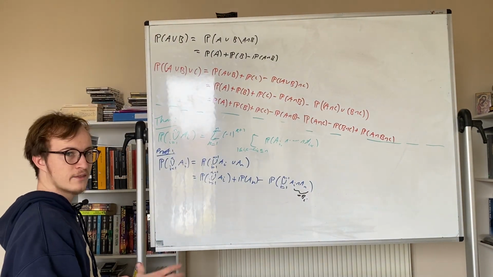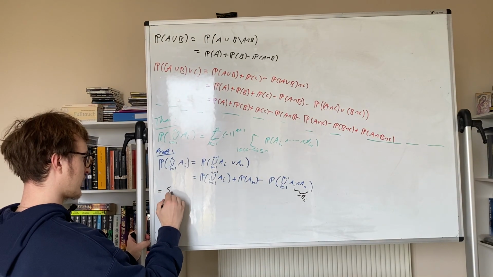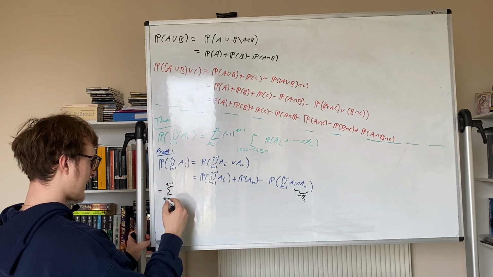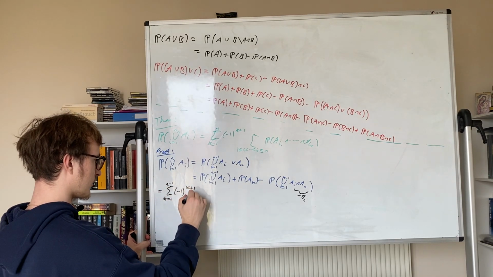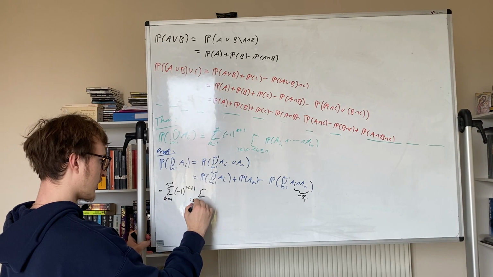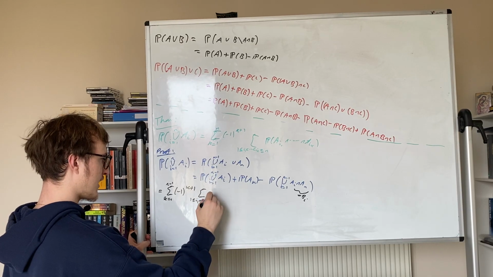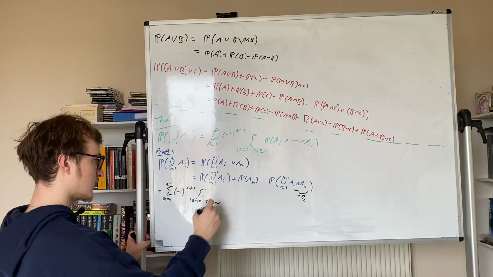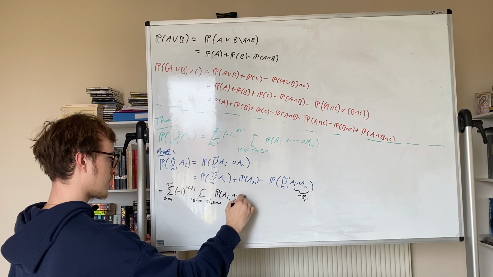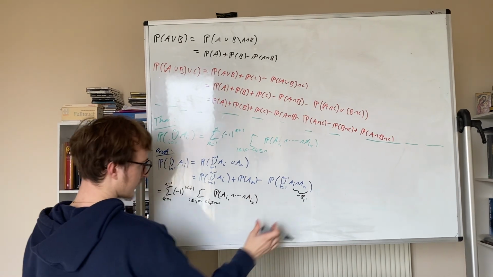And then we're going to apply the induction hypothesis to get that this is equal to the sum from k equals 1 to n minus 1 of minus 1 to the k plus 1, sum over all i1 up until ik, which are all between 1 and n minus 1, of the probability of these intersections. And then we subtract this.